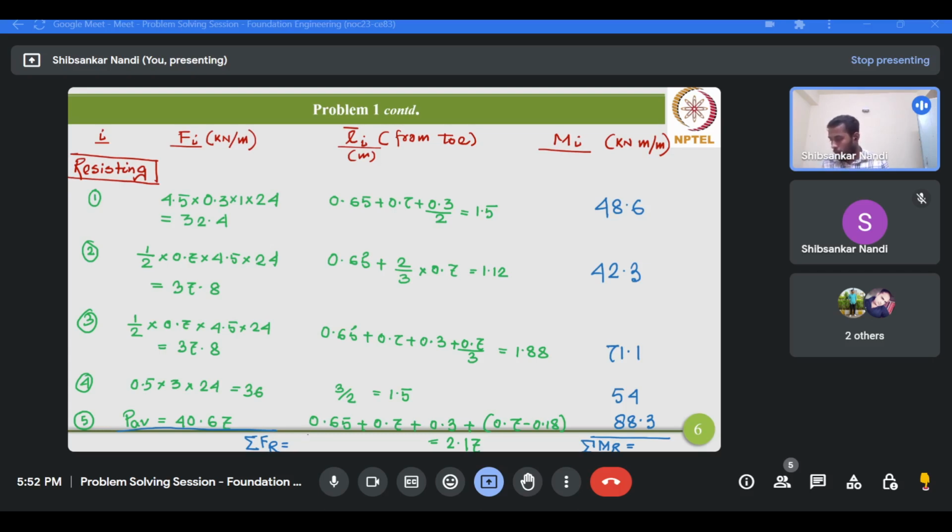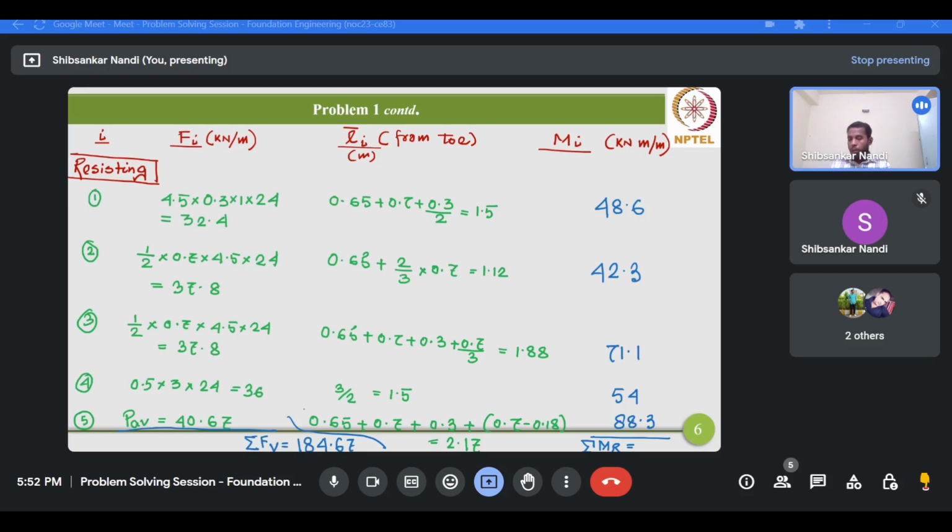Okay, I am getting some value wrong. 32.4 plus 37.8 plus 37.8 plus 36 plus 40.67, 184.67 we are getting. Okay, so this is also you can write as FV because these are all the vertical forces acting on the wall, including the self weight of the wall.